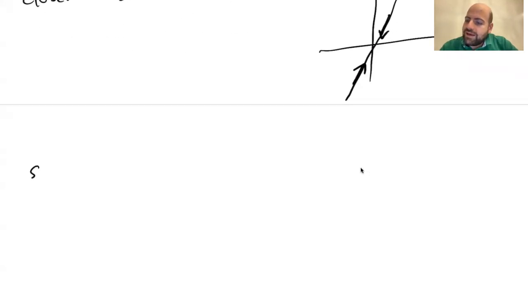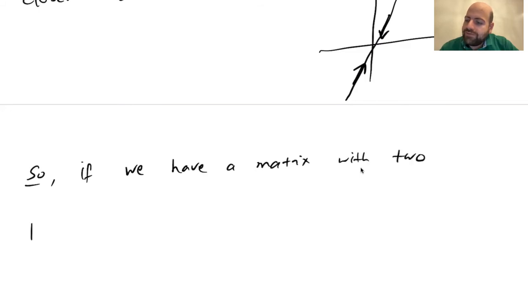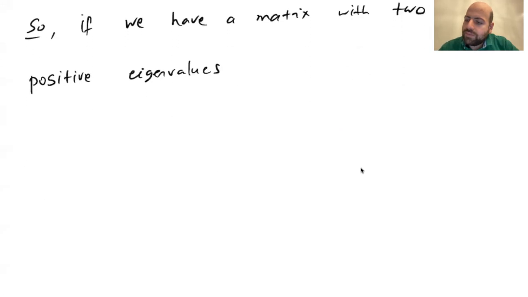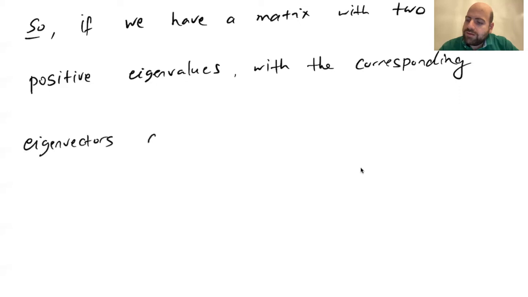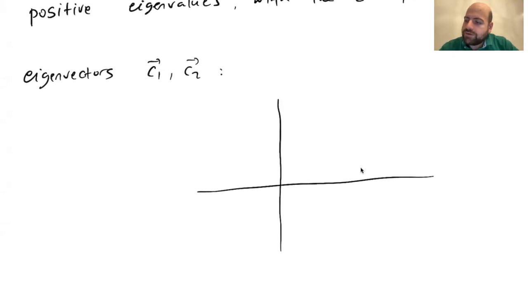So we can say that if we have a matrix, let's say with two positive eigenvalues, with the corresponding eigenvectors, let's say C1 and C2, then we can say that we'll have a picture like this, let's say.